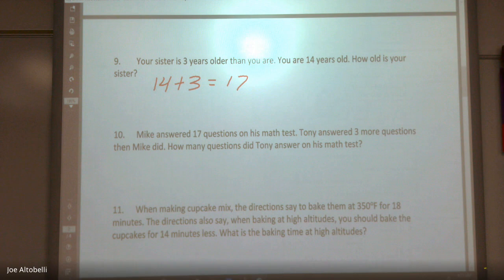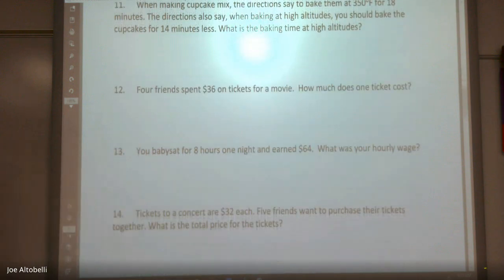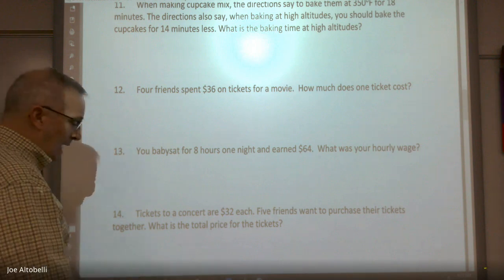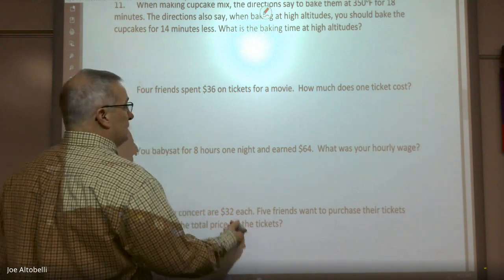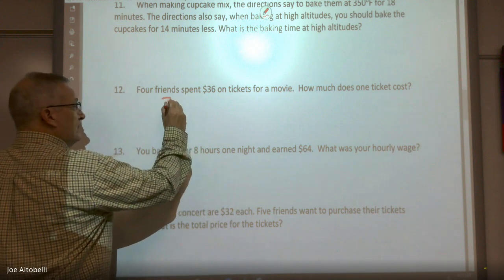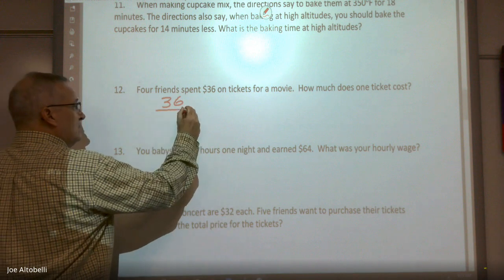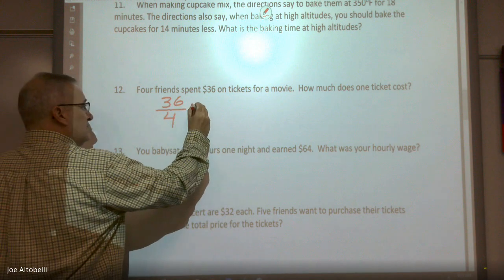You are 14, so your sister's 17. Number 12. 4 friends spent $36 on tickets for a movie. How much does one ticket cost? So you have the 36, and you have your 4 friends.